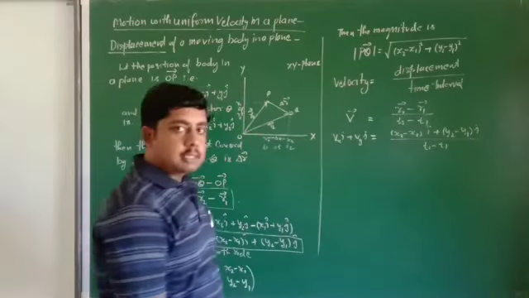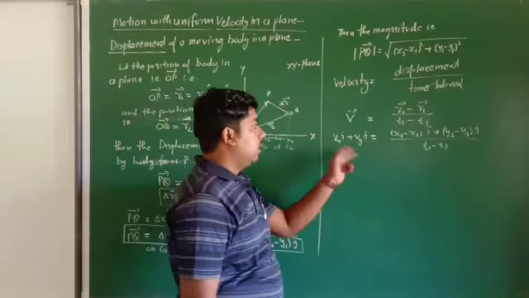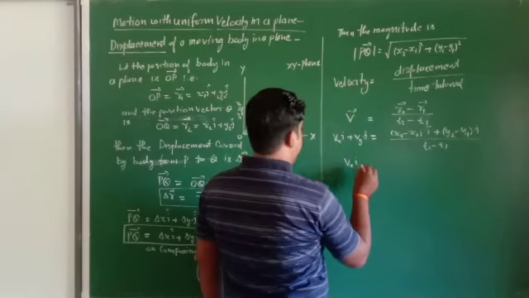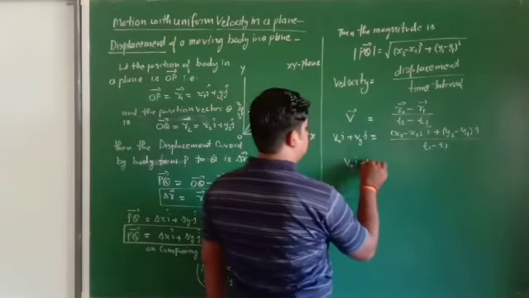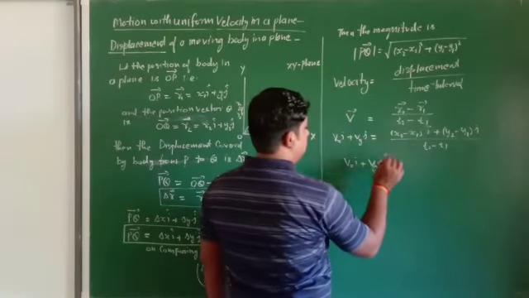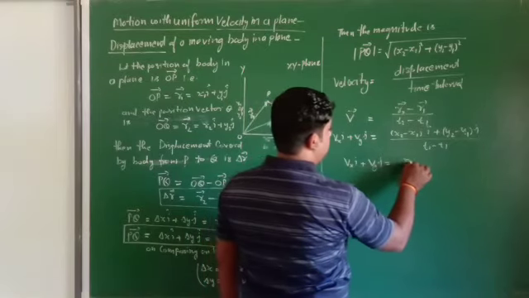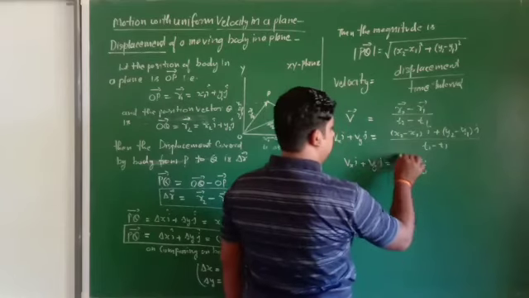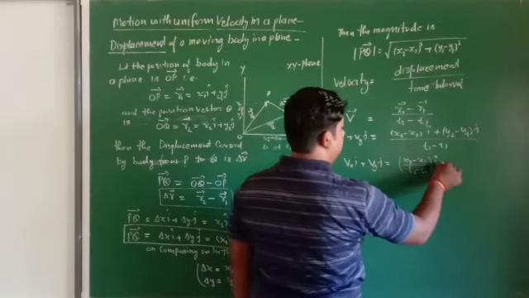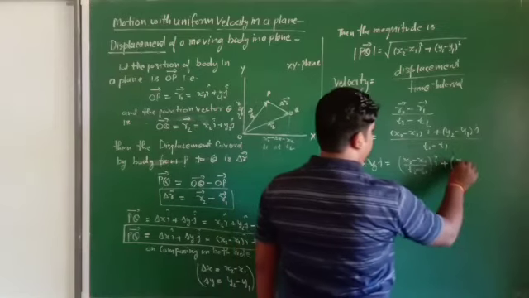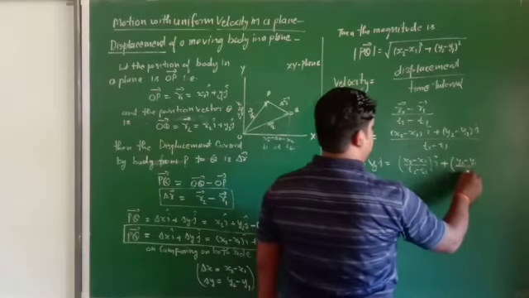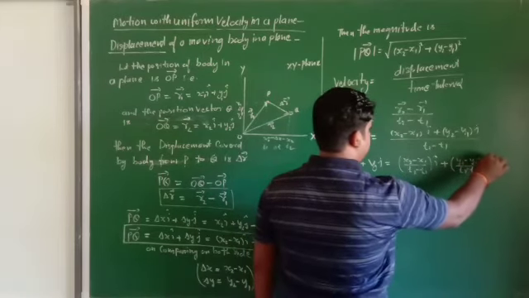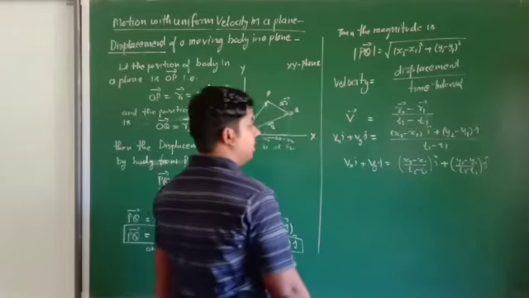This is the velocity along the x-axis and this is the velocity along the y-axis. Okay, so again we can write vx i plus vy j is equal to (x2 minus x1) upon (t2 minus t1) with unit vector i plus (y2 minus y1) upon (t2 minus t1) with unit vector j.